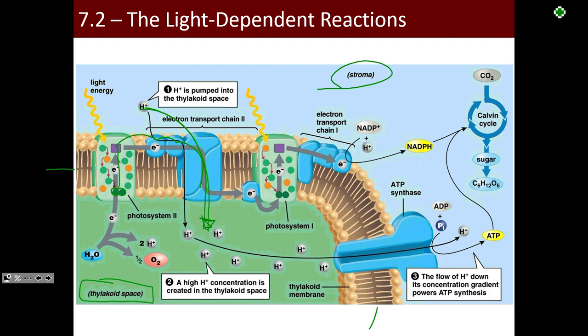Okay. Hydrogen ions that happen to be in the stroma get pumped through. Right? The need to replace these electrons is so strong that a molecule of water gets split. The electron goes to the electron transport chain. The hydrogen ions get added to the building concentration gradient in the thylakoid space. And oxygen is released into the thylakoid space.